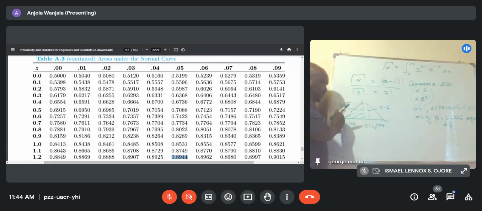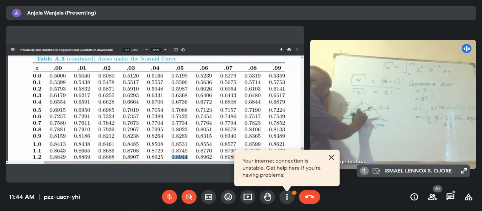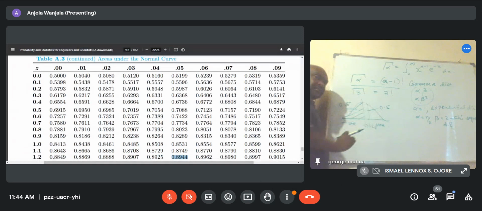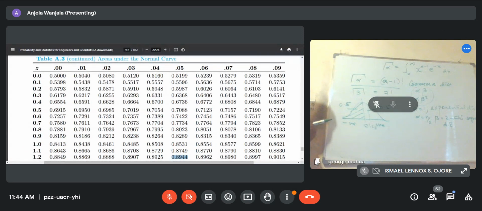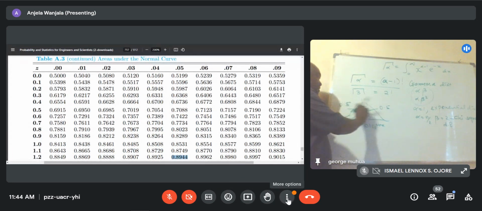So I was just trying to remind you that it is possible that you can have tables where only the portion from 0 to Z is shaded. Don't worry about that. Remember that to the left, there is 0.5, that is standard. It is assuming that you already know that this part is 0.5 because the total area is 1.